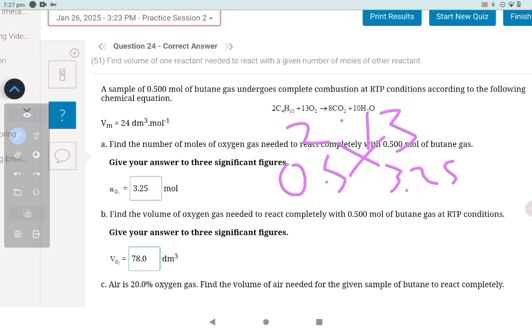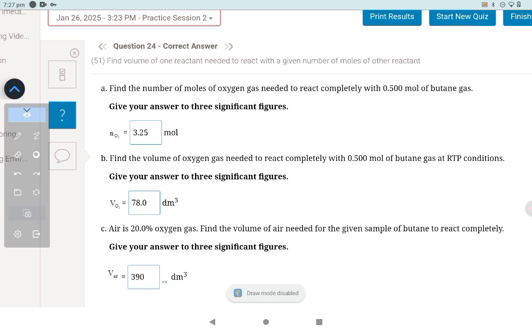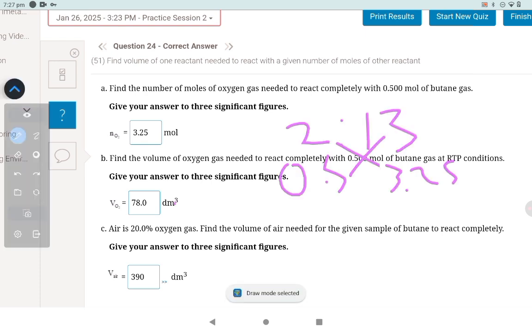Basically just 3.25 multiplied by 24, which is RTP conditions, you get 78. And then air is 20% oxygen. Find the volume of air needed for the given sample of butane to react completely. That's going to be 390, because air is 20% oxygen. We want the whole thing, so that's 100%, multiplied by 5: 78 by 5, we get 390.